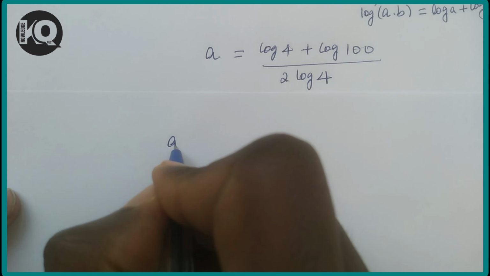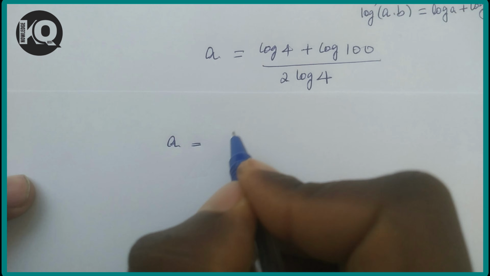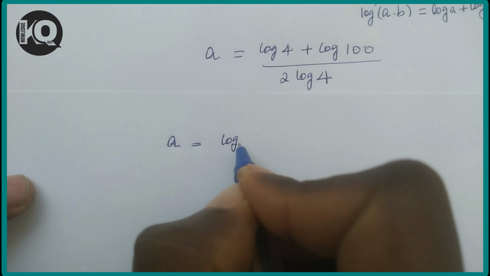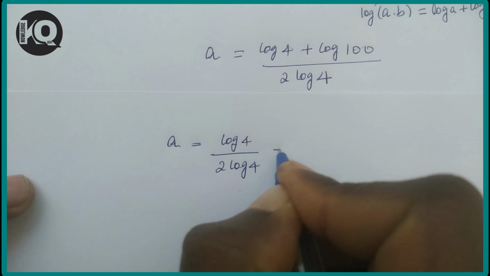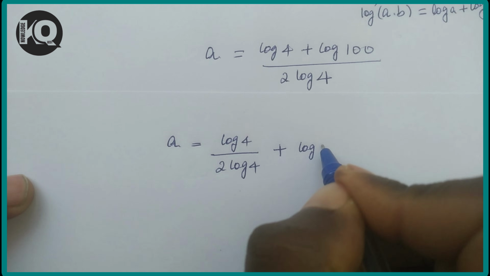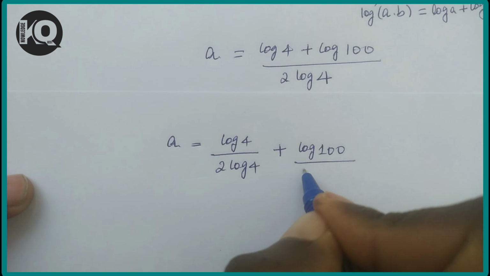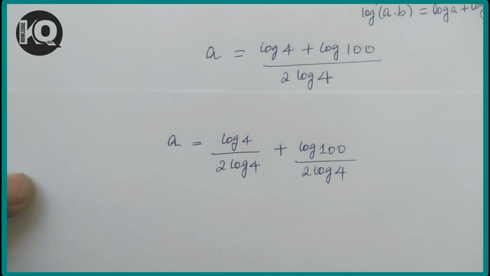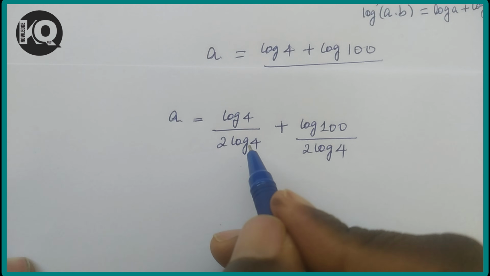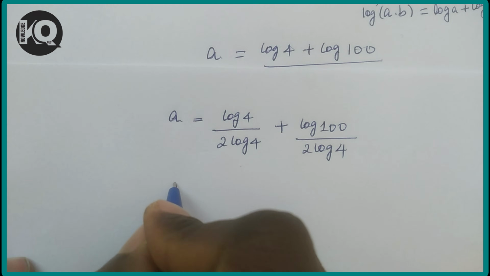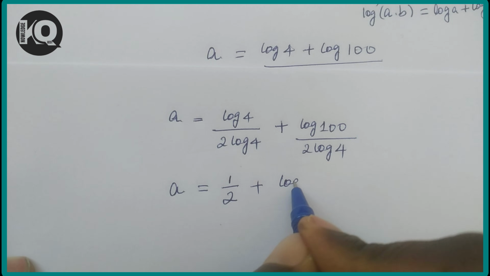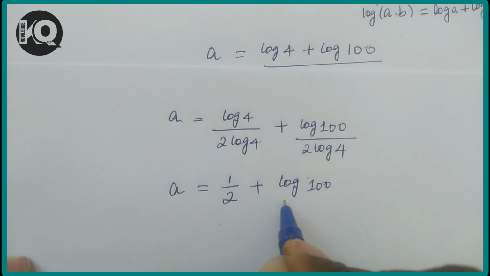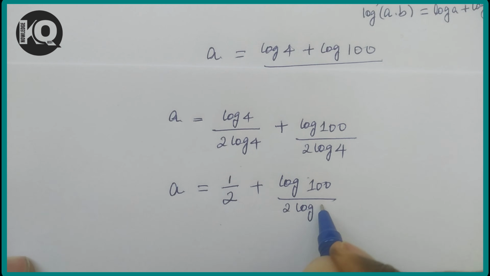Then a is equal to log of 4 divided by 2 times log of 4 plus log of 100 divided by 2 times log of 4. Then this log of 4 will be cancelled. Then a is equal to 1 over 2 plus log of 100 divided by 2 times log of 4.